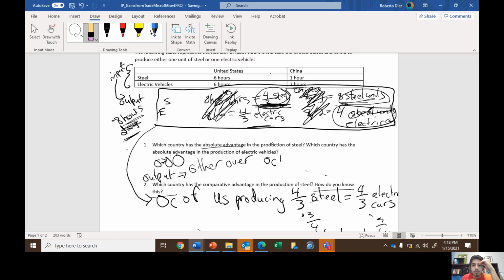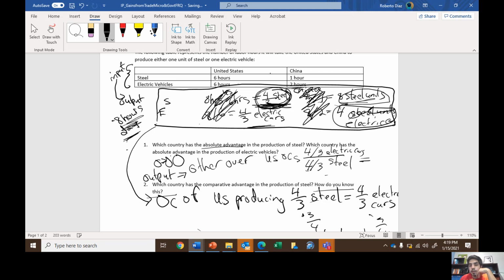Let's note it a different way. US opportunity cost for steel production, the per unit opportunity cost: we can put the other value, so the 4/3, and in the denominator, put the value of the good whose per unit opportunity cost you're trying to determine.